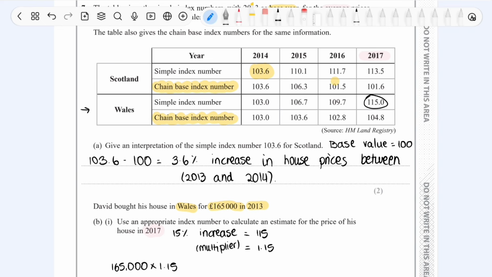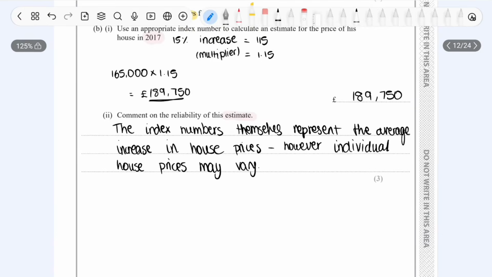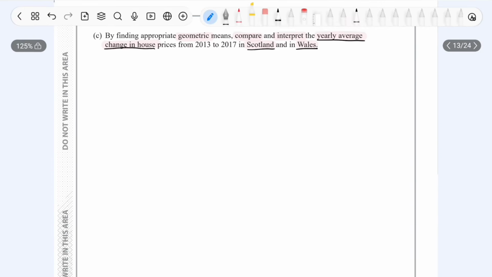So if we take this value, 101.5, this is a 1.5 percent increase compared to 2015, rather than the simple index number where it's directly compared to 2014. So now we've got this information, we can start going about our calculations.